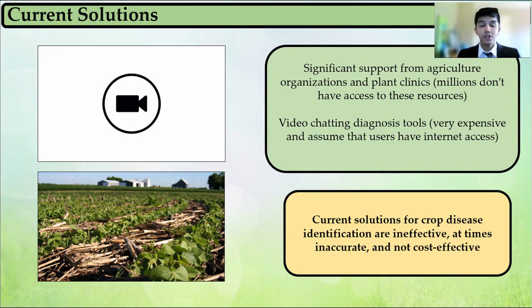Current solutions used for crop disease diagnosis are ineffective, at times inaccurate, and not cost-effective. The agricultural industry is in need of a tool that can identify crop diseases efficiently and accurately while being free, easy to use, and widely accessible.